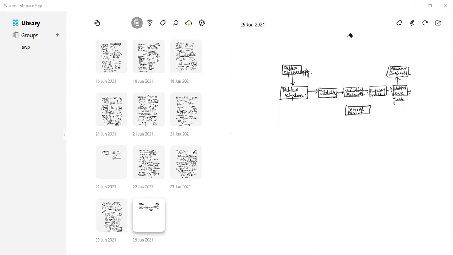So connect the microwave test bench. This is one of the experiments you are going to do in your lab also. Same experiment, same procedure we are going to follow.